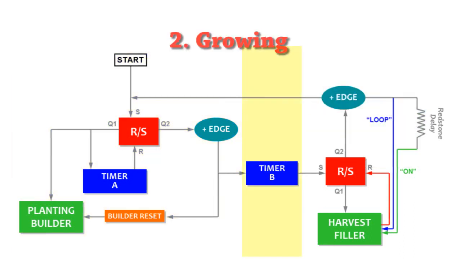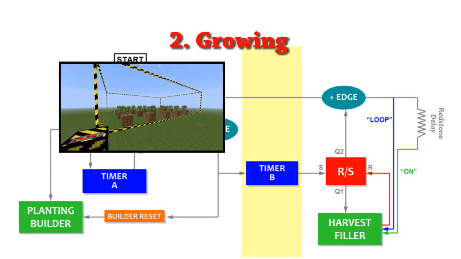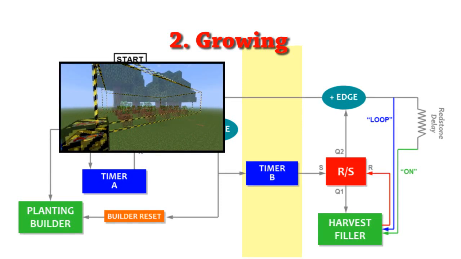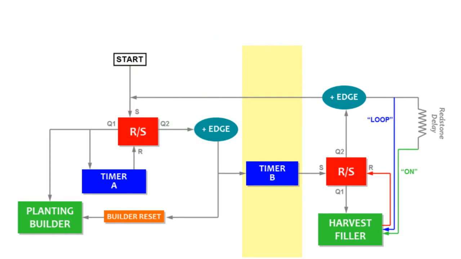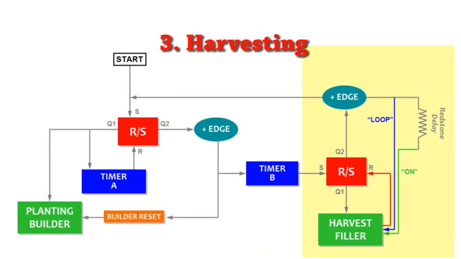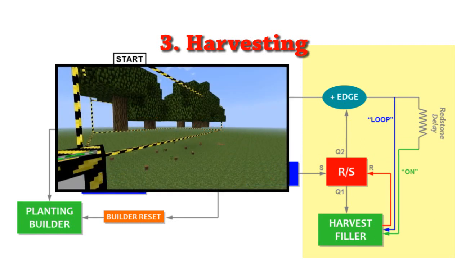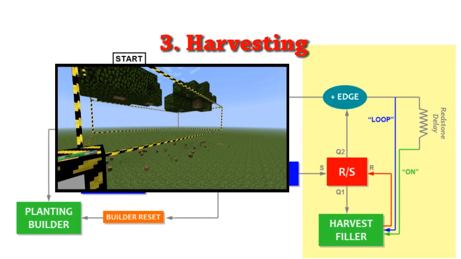The second phase is the growing phase. This is pretty simple, it's just a timer, probably about 20 minutes or so of growing, and this is where the saplings become trees. The third phase is the harvesting phase. This is where the blocks are all broken down and we get back the wood and reset the whole sequence all over again. This is run predominantly by the harvest filler.